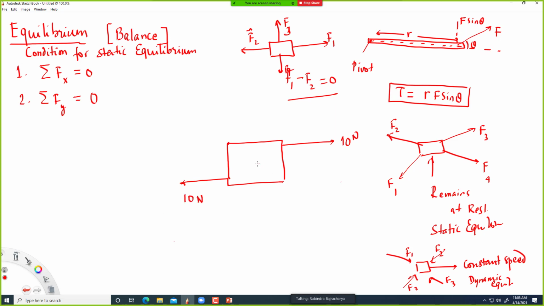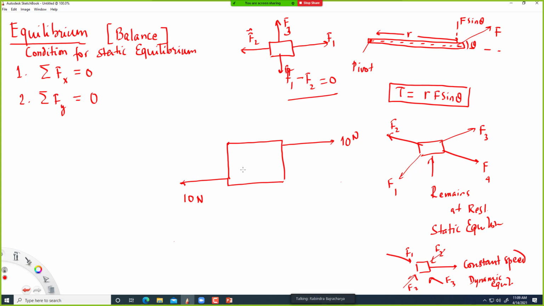If I apply the force like this, will the object still be at rest? If I pull this to the right, applying 10 Newton force, and pull this to the left, applying 10 Newton, it will remain at rest. So it's in equilibrium.